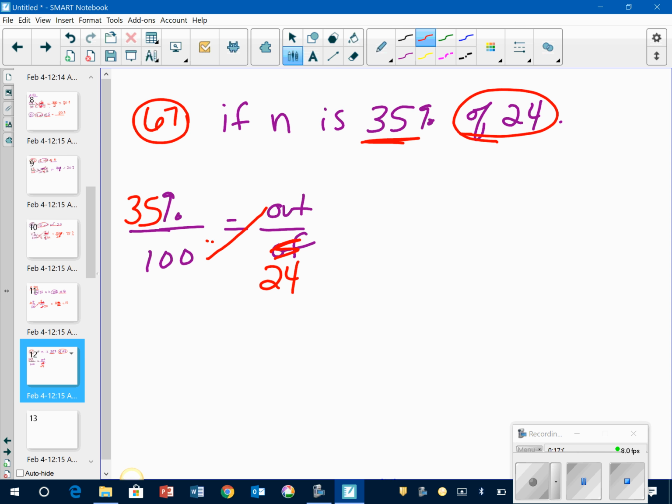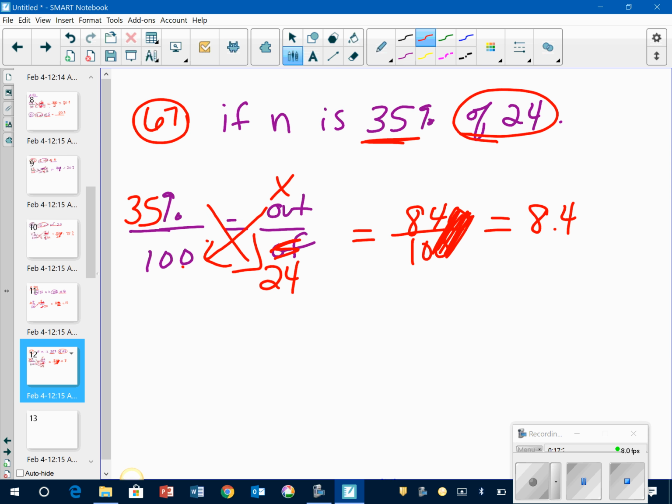Then you cross multiply. This is going to be x because it's our missing number. So x times 100 goes on the bottom because we multiplied it by x. And 35 times 24 would be 840. If you want to simplify, you could take out the two zeros, or a 0 on each number, so you have 84 divided by 10. That's going to be 8.4. So n equals 8.4.